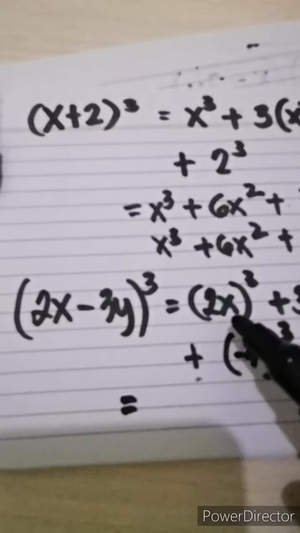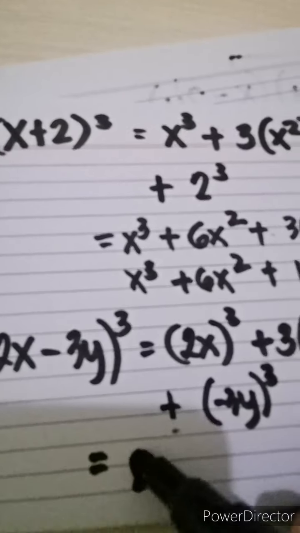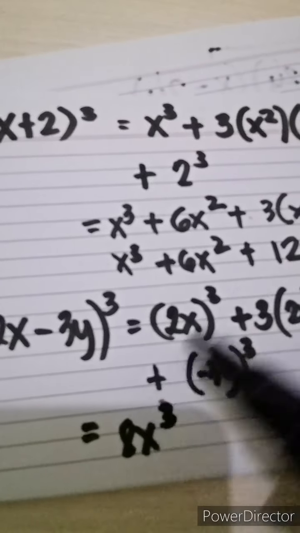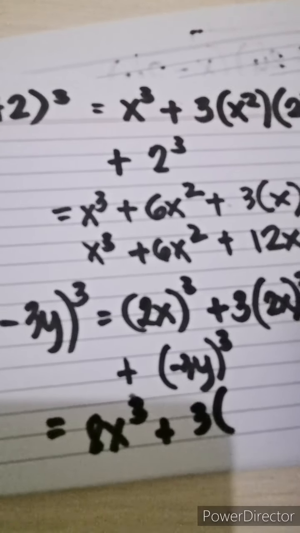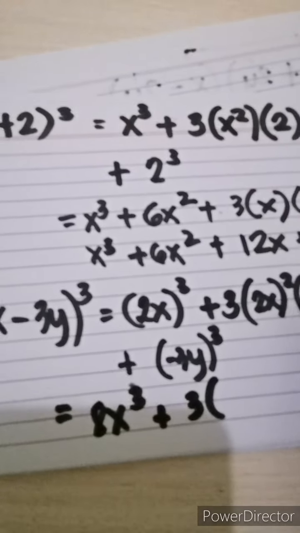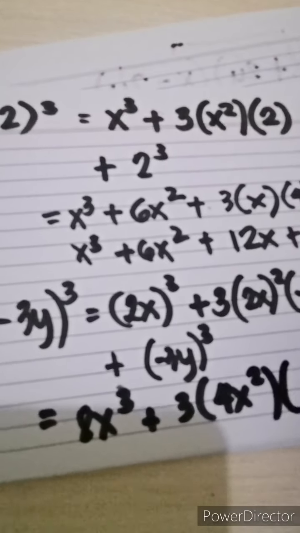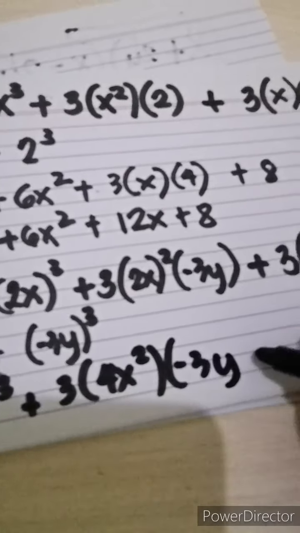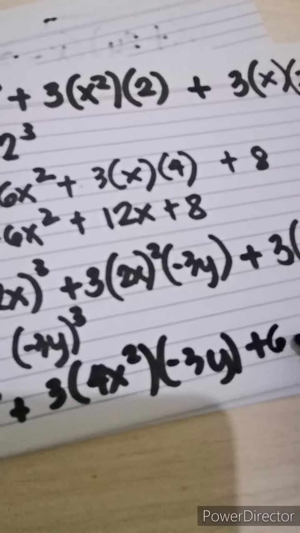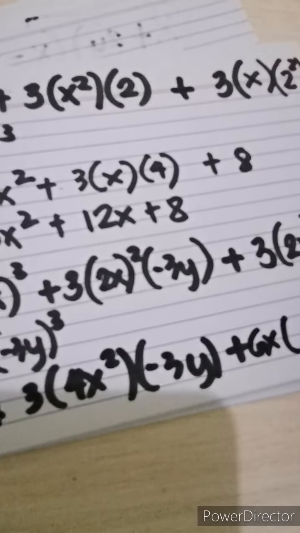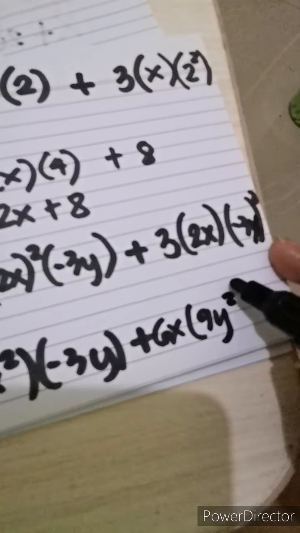Simplify natin. 2x times 2x times 2x or 2x cube is 8x cube. Next, simplify natin. 3 times 2x times 2. 2x times 2x is 4x squared. So, again, times 3y. Plus, 3 times 2 is 6x. And then, negative 3y squared is 9y squared.